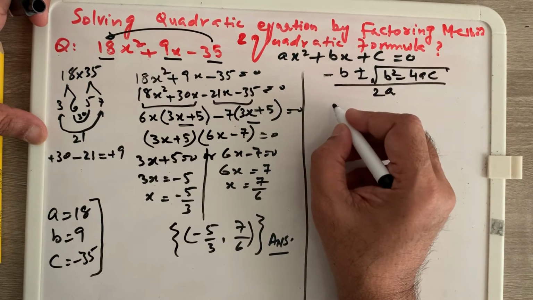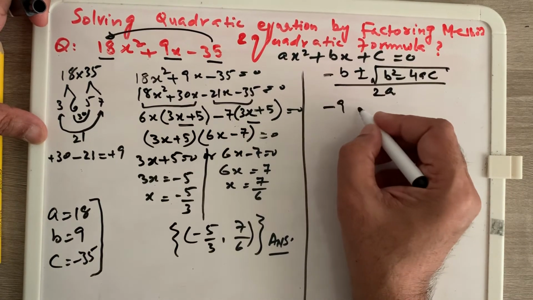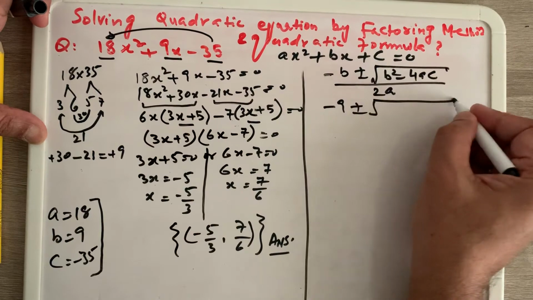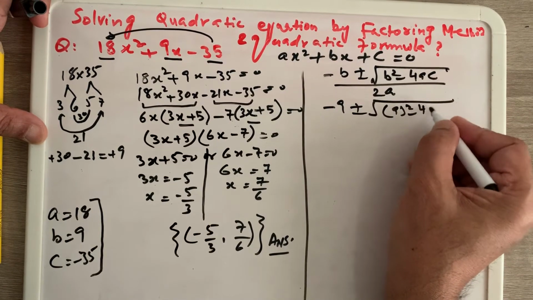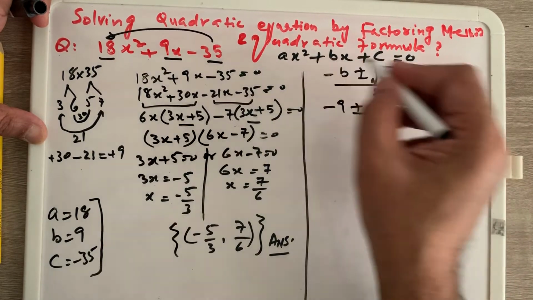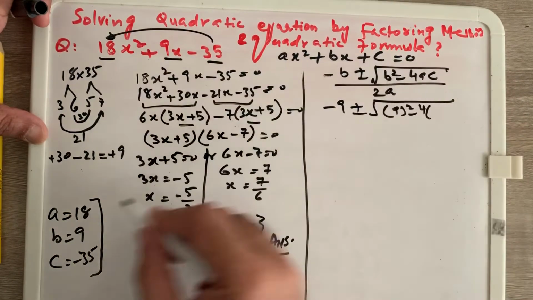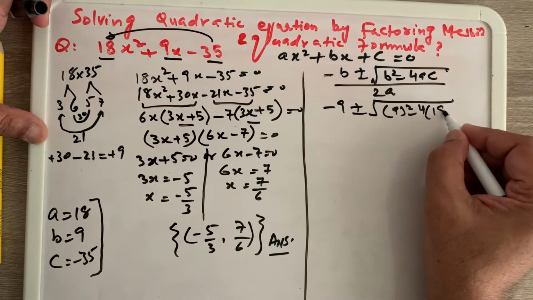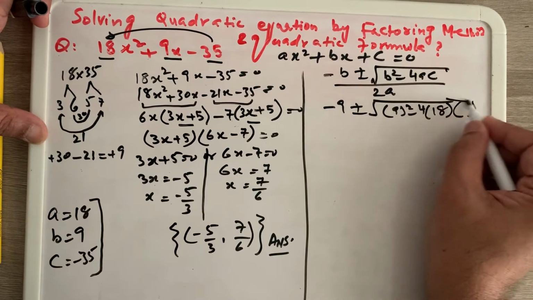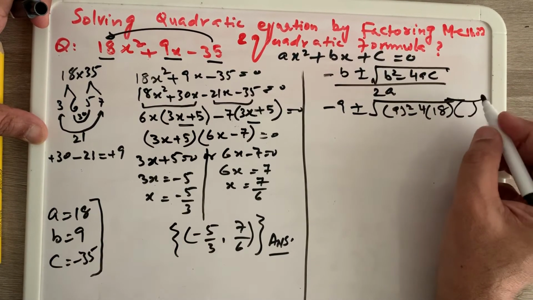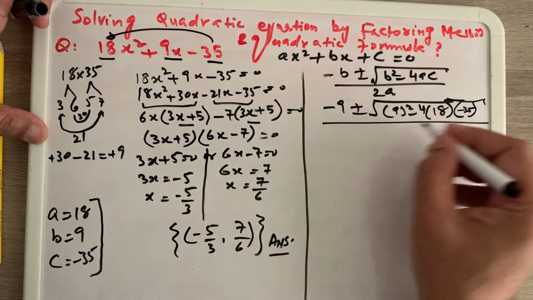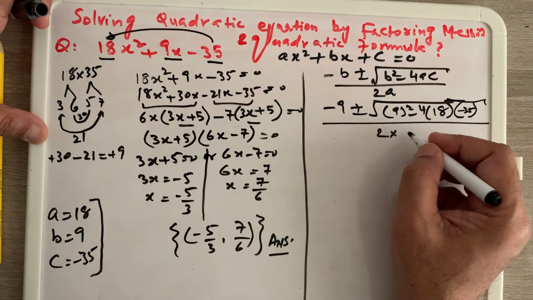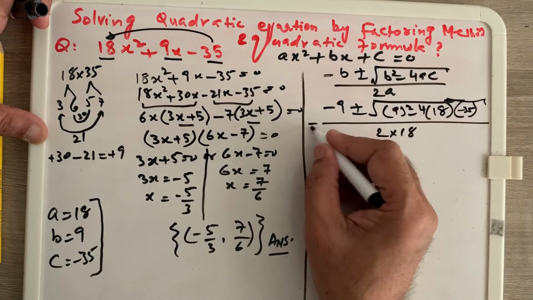So minus b, which is minus 9, plus minus under the root b square, that is 9 square, minus 4a. What is my a? A is the coefficient of x square, which is 18. You can see here times c, and my c is minus 35, divided by 2a, that means 2 times a, which is 18 in my case.